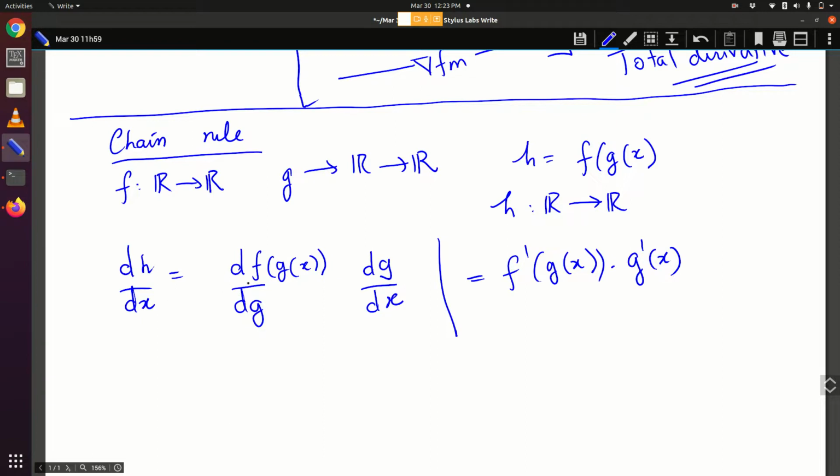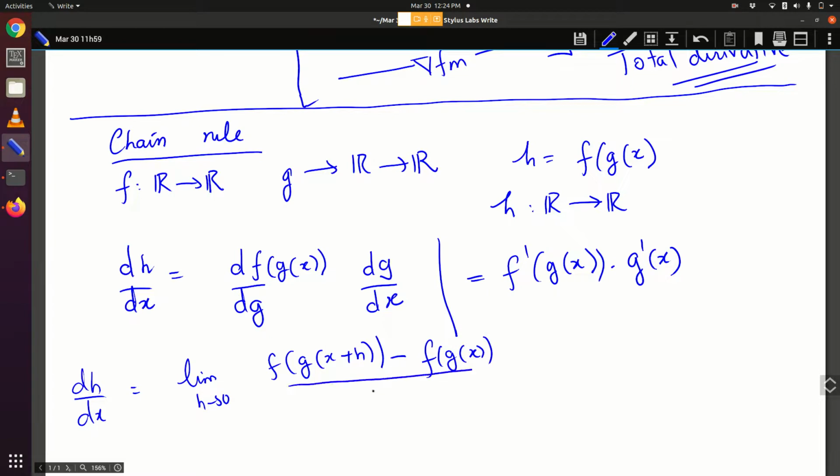Let's look at a quick proof of this, simply because we can. It's not too difficult. So dh by dx, if you remember the limit, is the limit as h tends to 0 of f of g of x plus h minus f of g of x, by h.